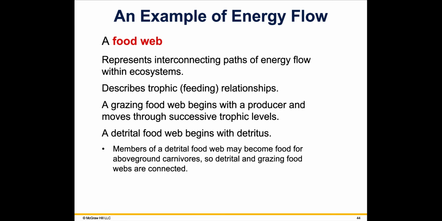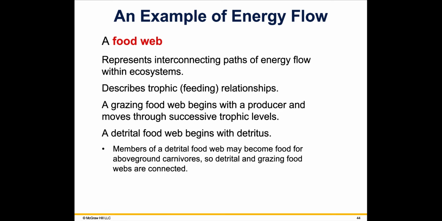We have what is called the grazing food web that is going to start with our producers and go from producer to primary consumer, the thing that eats the producer, a secondary consumer that eats the thing that ate the producer. It's 2 jumps away from producer. And then our tertiary consumer, which is 3 jumps away from producer, or it ate the thing that ate the thing that ate the producer.